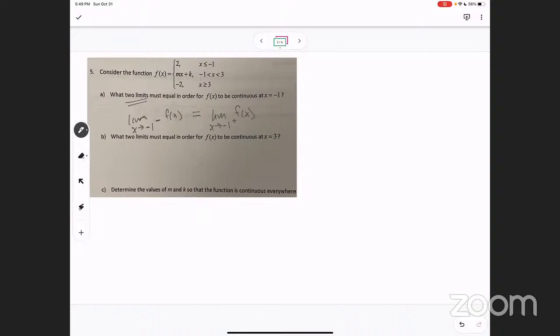That has to equal that, and specifically it has to equal 2. The limit from the left at -1 and the limit from the right, so this one and this one have to be equal to each other, and they also have to be equal to the function value, which happens to be 2, right? So they have to equal 2.